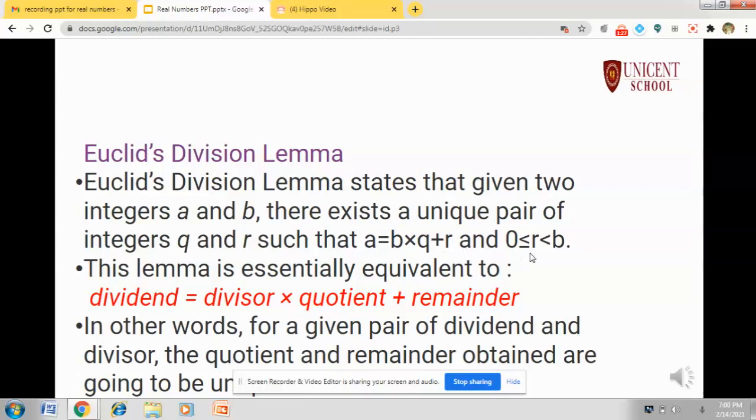Also, the condition is that r is greater than or equal to 0 and r is less than b.